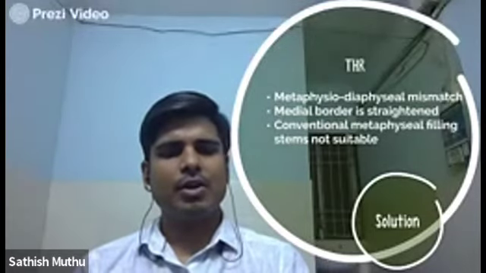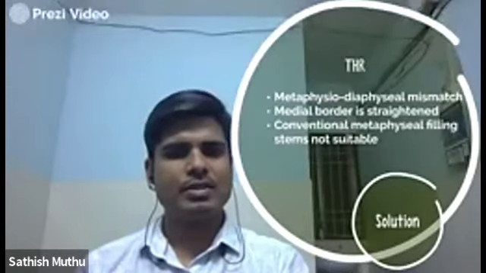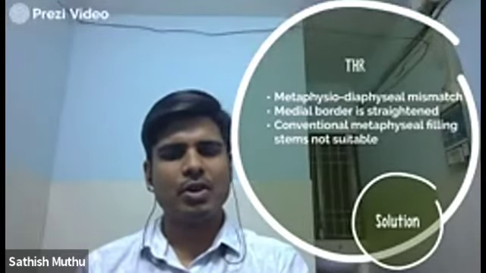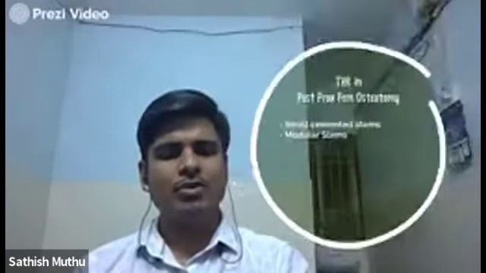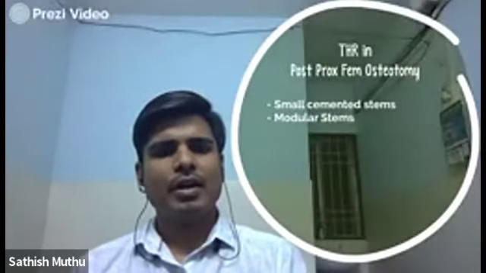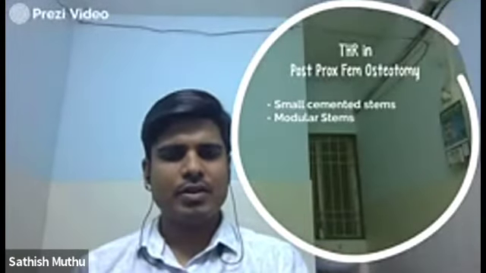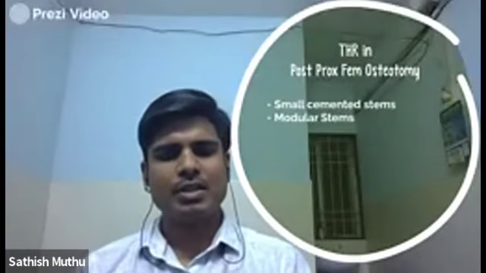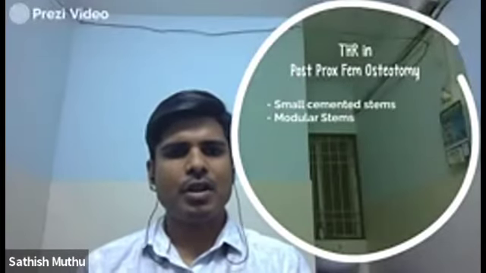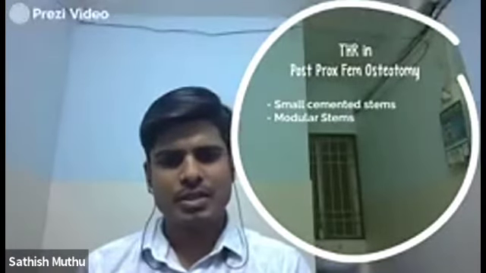Because of the malunion, the medial border will be straightened, so routine implant stems won't accommodate that mismatch. What are the solutions we have for that? For any proximal femur osteotomy or malunion case which we treat with primary arthroplasty, these are the options available. Depending upon the severity of the deformity, if it is not very severe, you can go with small cemented stems alone.